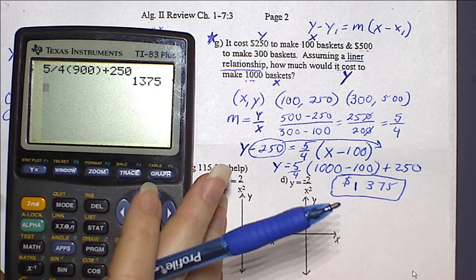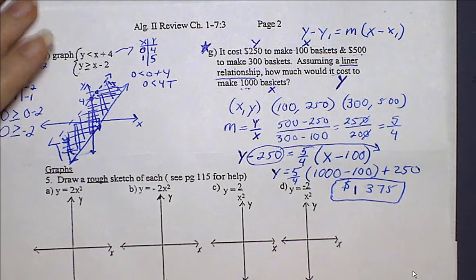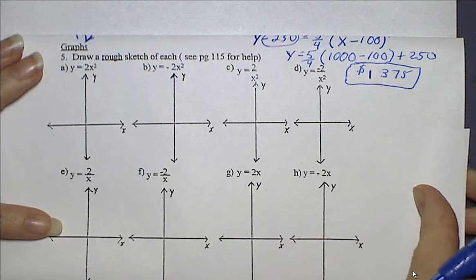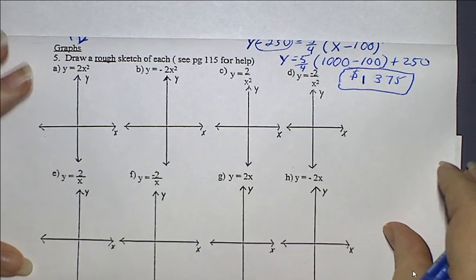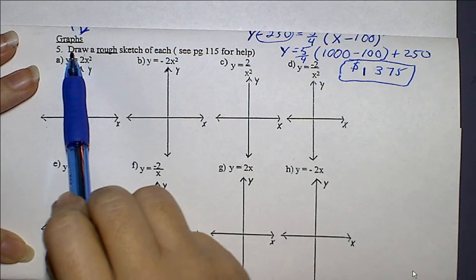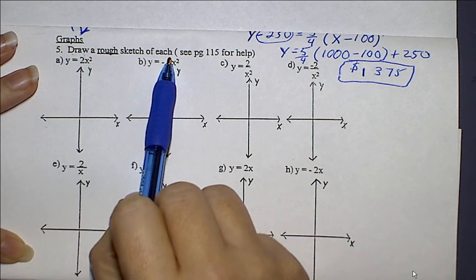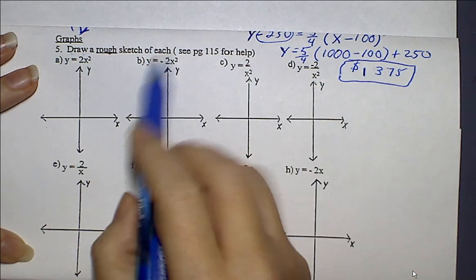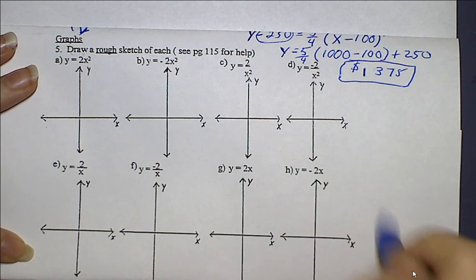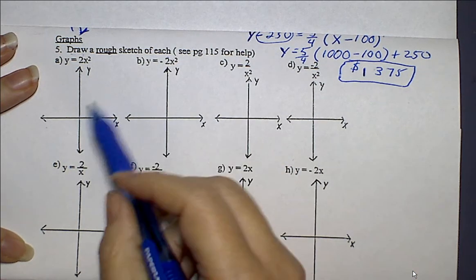Alright, the next part says to graph these equations. So I'm going to fold this under real quick so I can see all of the next set. Also, when it says to draw a rough sketch of each, basically on your exam or on your 8.5 by 11 sheet that you're going to be making while you're doing this review, you might want to just sketch them so you can see what they are.